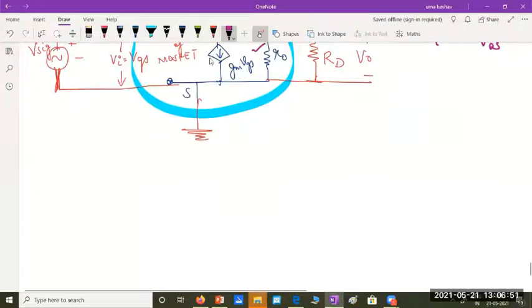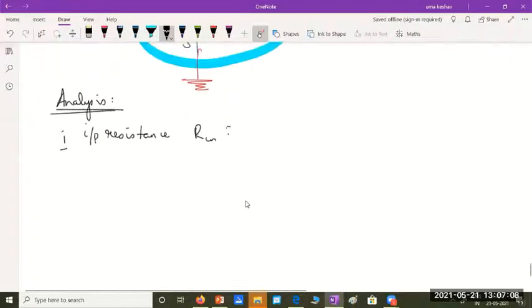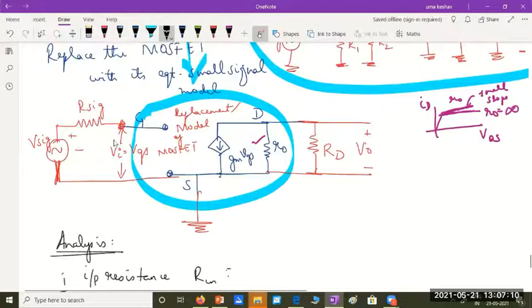Now we can begin our analysis. So let's start our analysis. The first step is to find the input resistance Rin. How and where do I define the input resistance in this circuit?